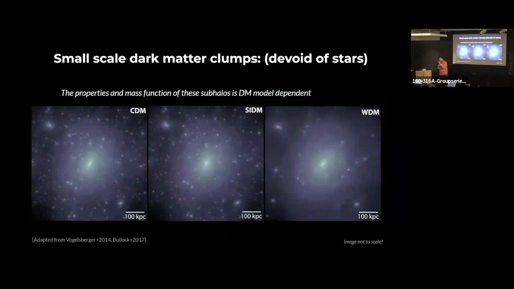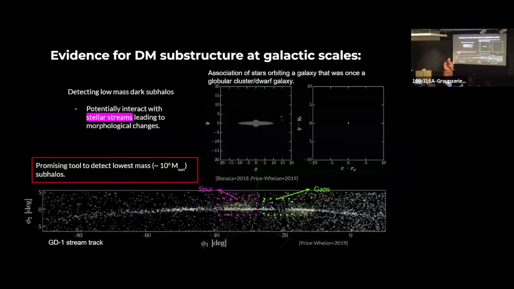So a good way to constrain dark matter itself can be to constrain the subhalo mass function and also the properties of these subhalos, because different dark matter models would produce different concentrations and some other properties. A promising probe to detect these subhalos is to study their interactions with stellar streams. Like we all know, stellar streams are nothing but a group of stars on some sort of orbit.